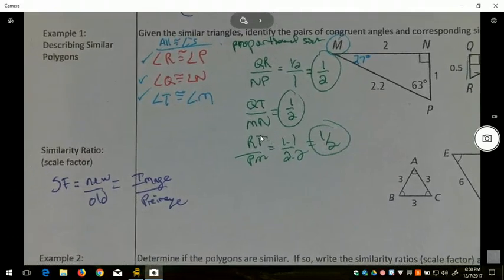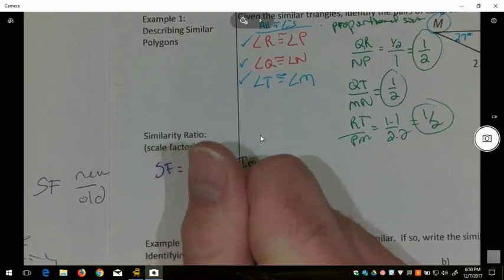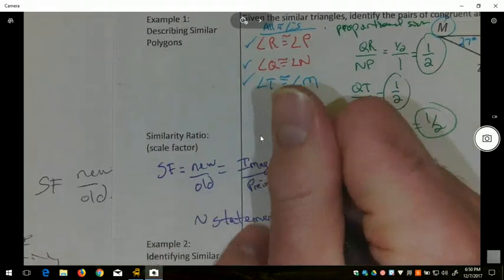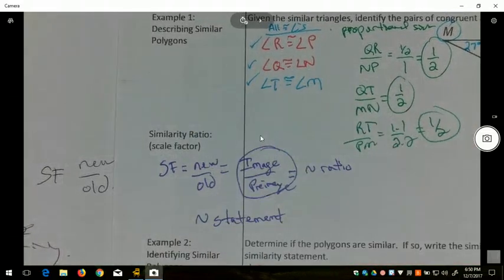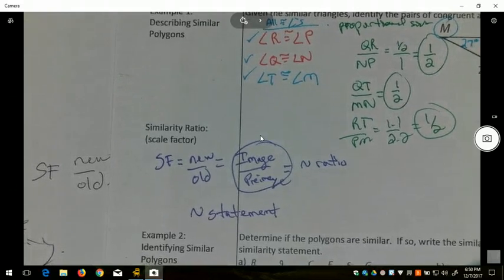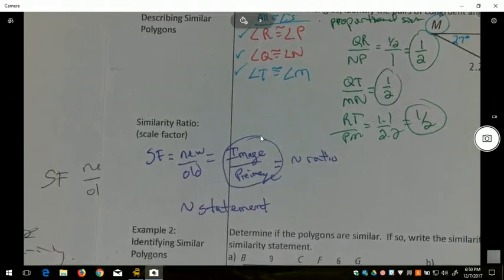However, they give you what's called a similarity statement. And by the way, this is equal to the similarity ratio, image over pre-image, just like our scale factor. But the similarity statement comes in a strange order. You would expect the pre-image to come first and the image to come second, since the image follows the pre-image.